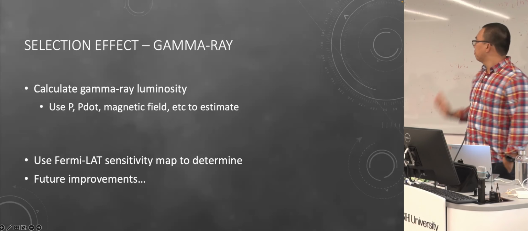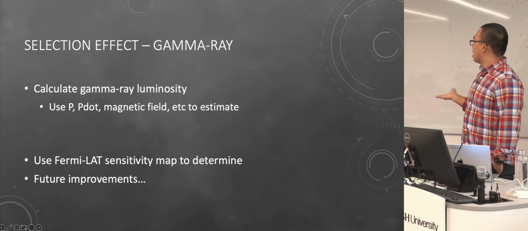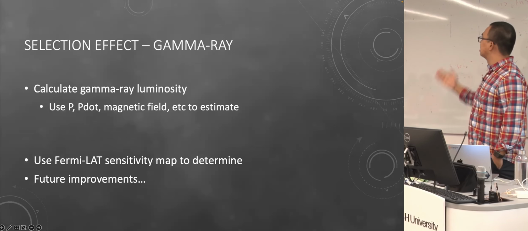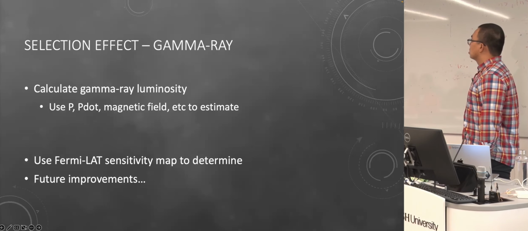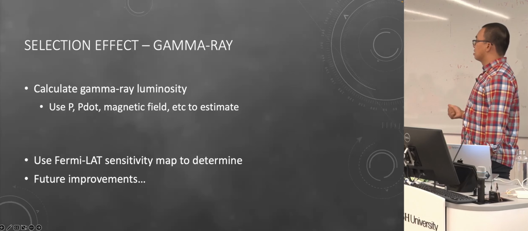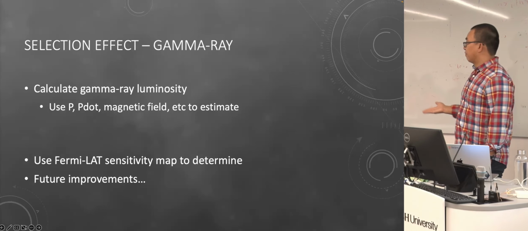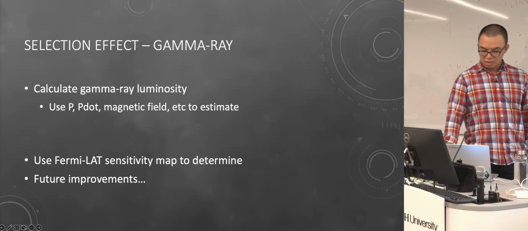We do similar things with gamma ray, but there's nothing written already for gamma ray, so I did my own. Here I can calculate the gamma ray luminosity using, again, the properties of the pulsars themselves.